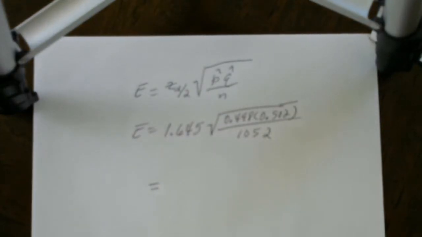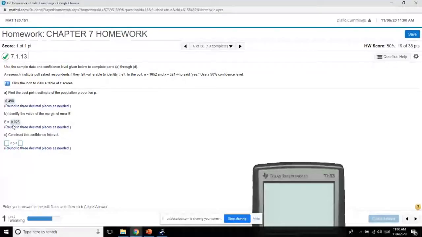So our margin of error is 0.025. Okay, so we have a margin of error of 0.025.